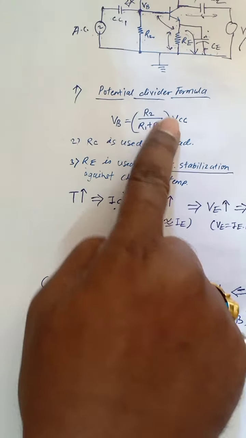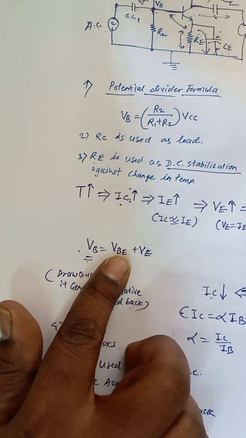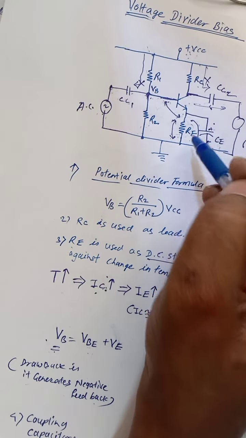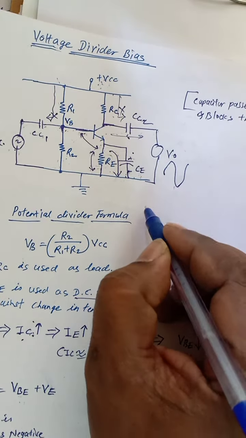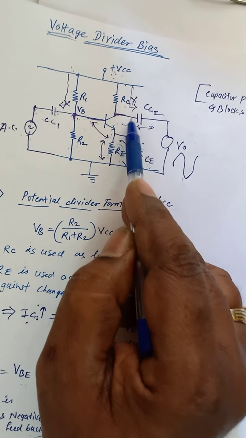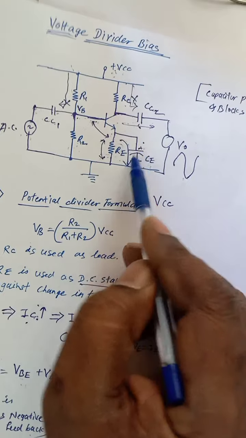Okay, so this equation, then this equation. So we know the output equation now. The output equation: VCC equals the voltage across RC plus the voltage across the transistor plus the voltage across RE.